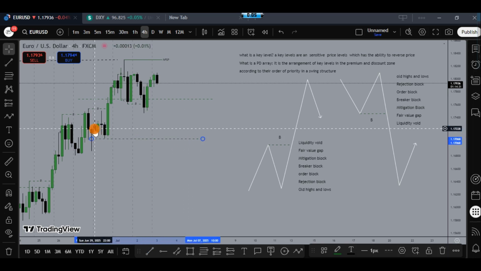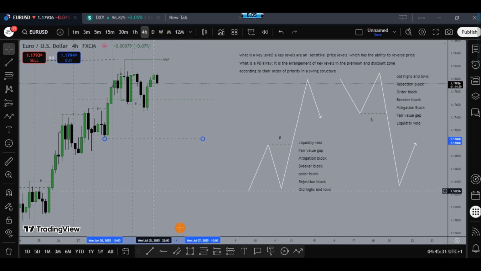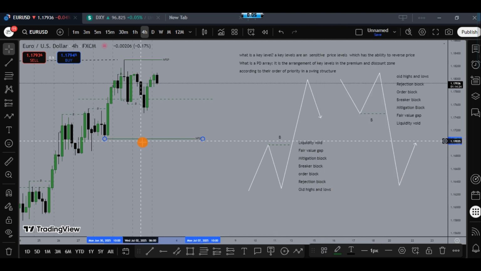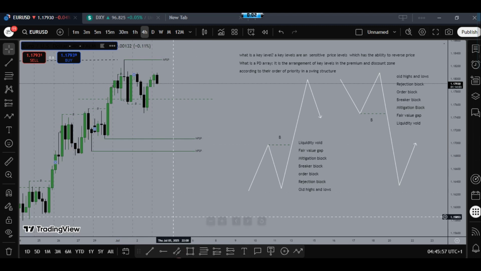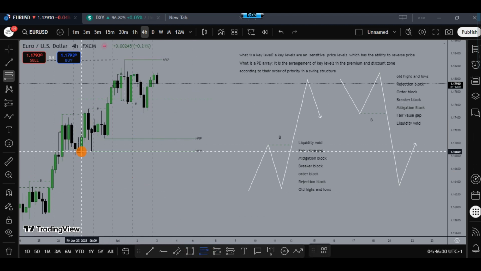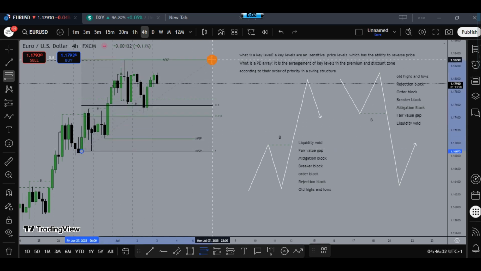I have two lows here, this low and this low within a swing structure, because generally this is the normal, full swing structure from this low to this low, from this low to this high.